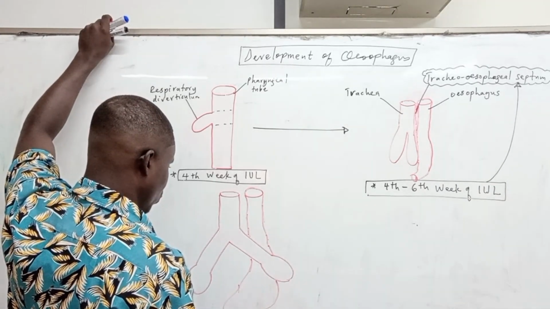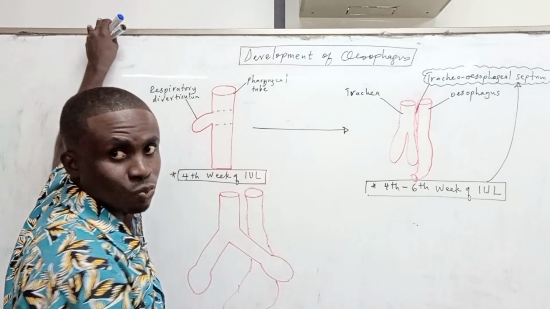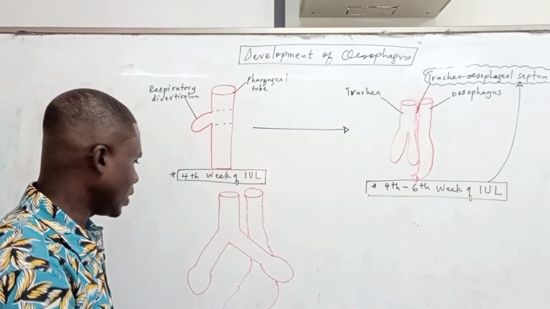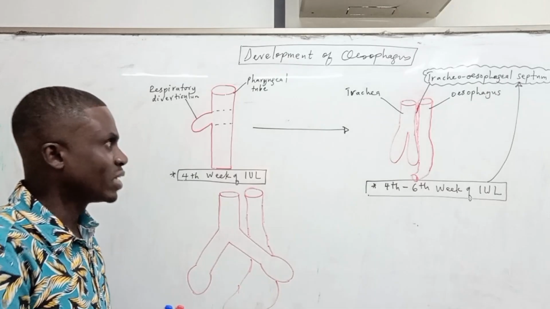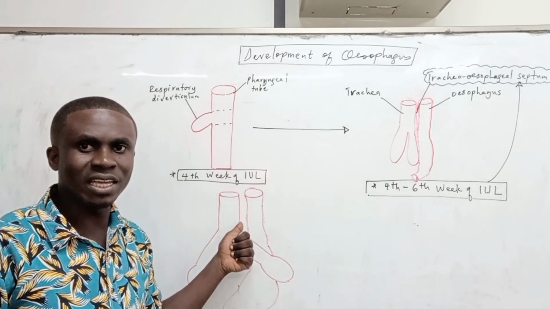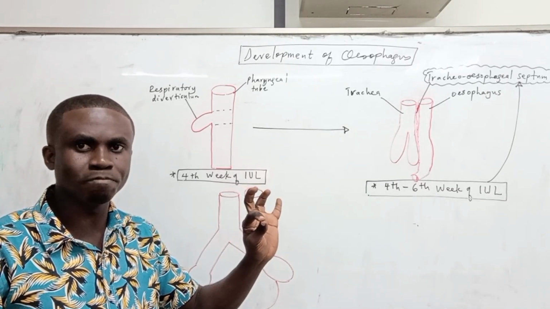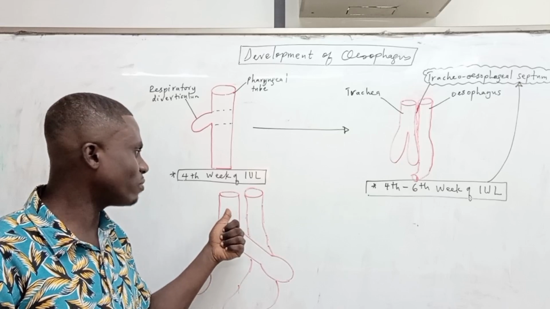And then let's say the stomach. These portions will also come out. The point I want you to know is that eventually the septation gets broken away, so that you have separate structures.